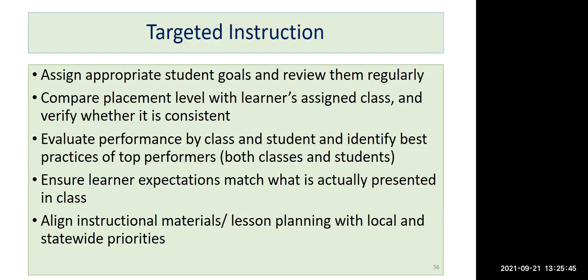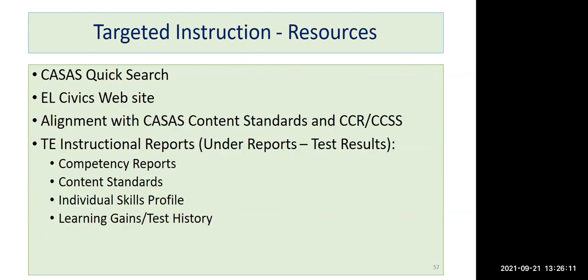What are your superstar students and classes doing that others aren't? At the same time, what type of classes and what type of students might be the type that are really, really struggling, and then align those expectations, move the ones that are not as good back to the norm, try to move the norm up to those that are really doing well. Again, that hotspots concept, looking at good hotspots as well as not so good hotspots.